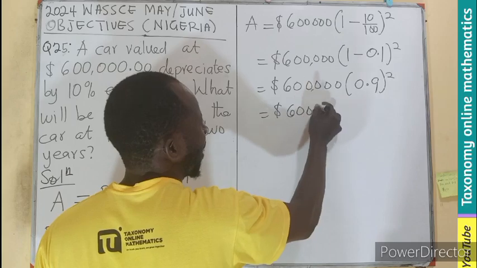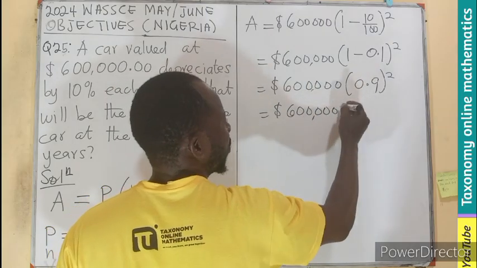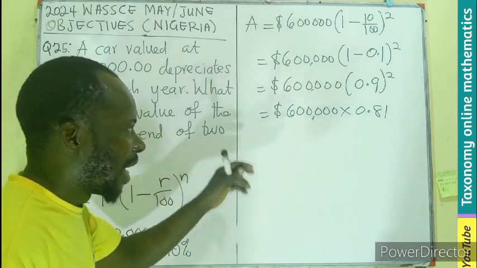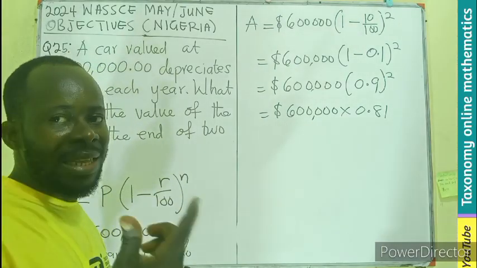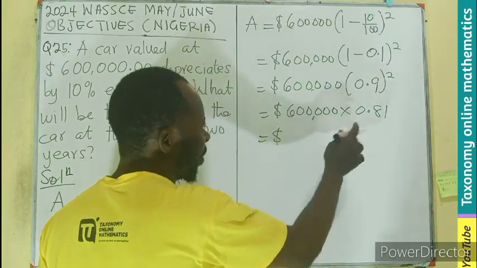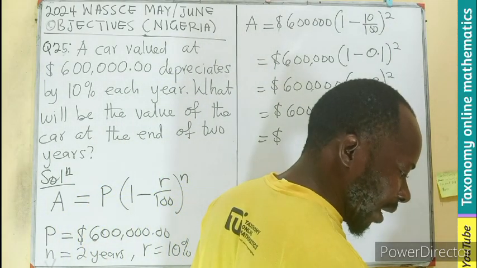If we continue with that, this is going to give us 0.81, that is 0.9 times 0.9.